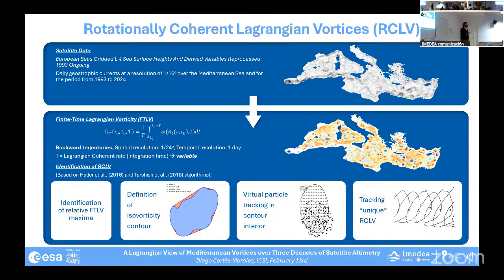And the second question, yes, this is just for the surface. Usually all these works are done at the surface, but we can do the same exercise, this transport, across the different layers in the ocean, and we are going to have a different result. But this is already a very time-consuming computation. We are launching millions of particles across time, so it takes a lot of time.